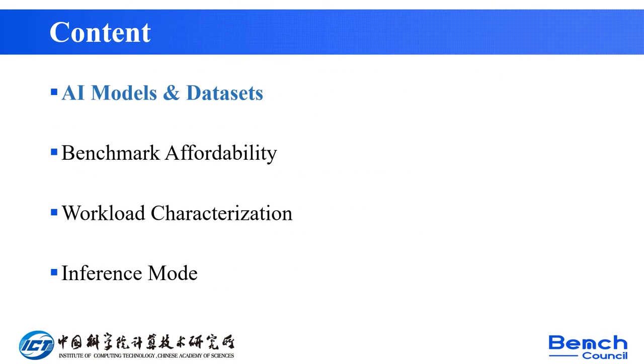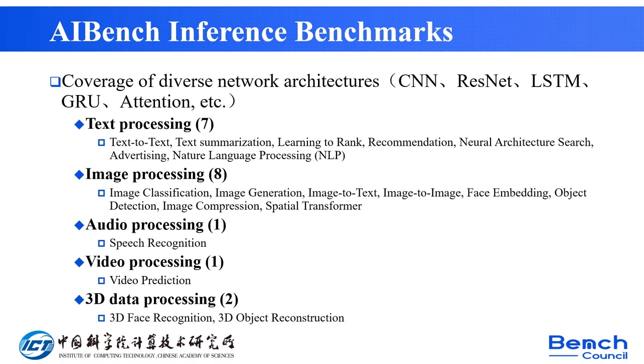This is our outline. AIBench inference workloads also cover many different networks, like CNN, ResNet, LSTM, and others. It also contains workloads for different data types, including text, image, audio, video, and 3D data.